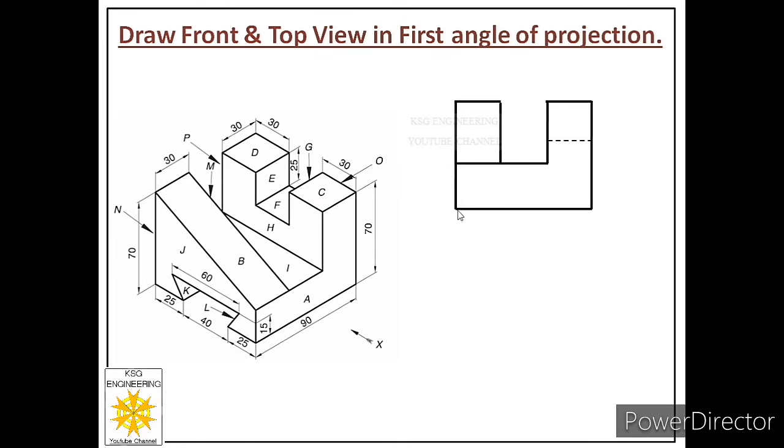So from this point, if I have to move to that point, I have to move in vertical direction by 15 millimeters. So I will reach here, and no need to draw this edge again over here because this edge is behind this edge which is already drawn there.